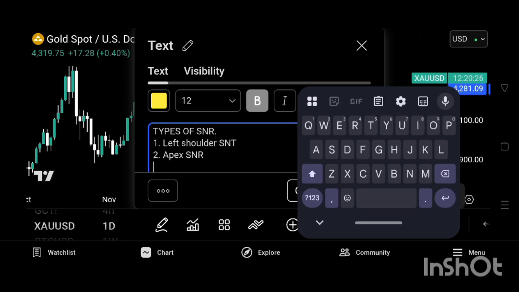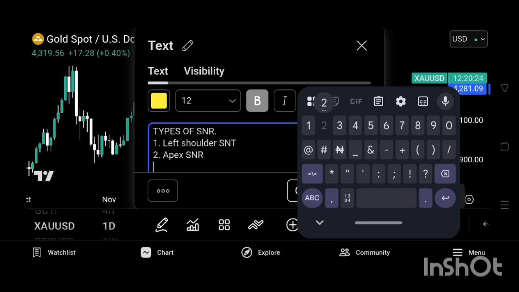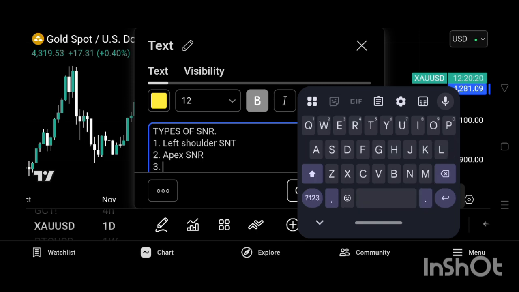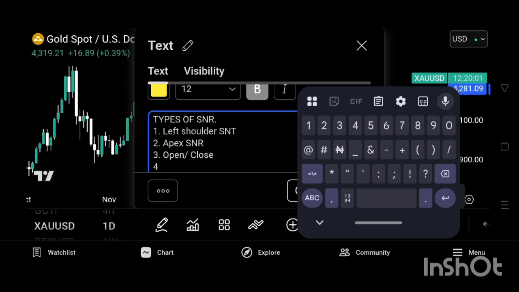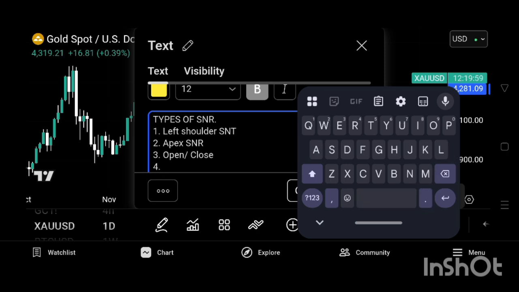The third type of support and resistance we have is what we call the open and close support and resistance. I'll be showing us multiple examples on the chart so that when you see those examples in live situation when trading, you'll be able to navigate the market and make the most of your trading.